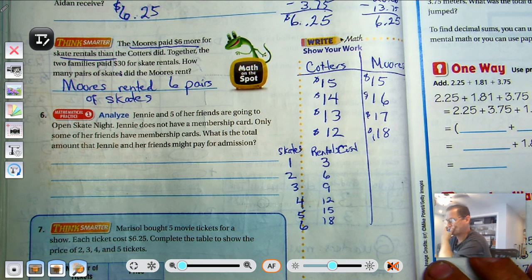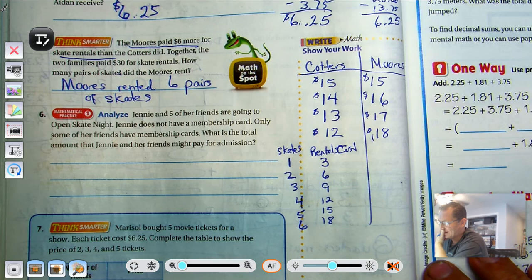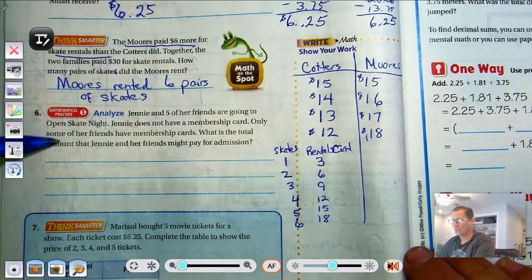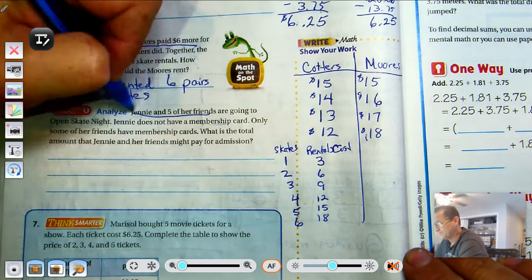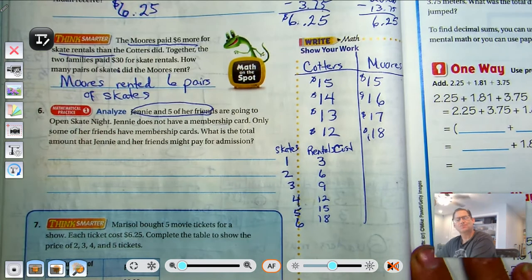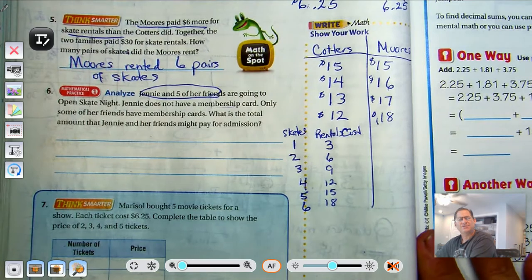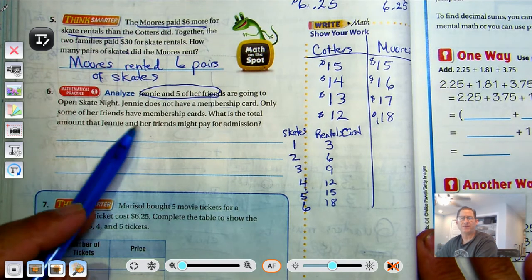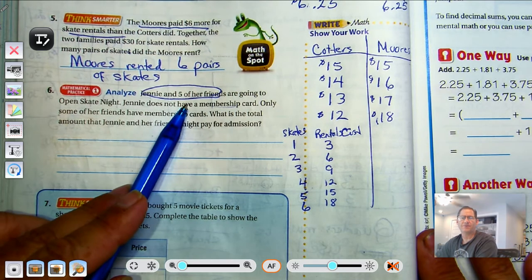Well, let's see. Jenny and five of her friends are going to Open Skate Night. Jenny does not have a membership card. Only some of her friends have membership cards. So there's 6 people, right? And Jenny doesn't have one, but only some of her friends have. So not all 5 of her friends have membership cards, right?